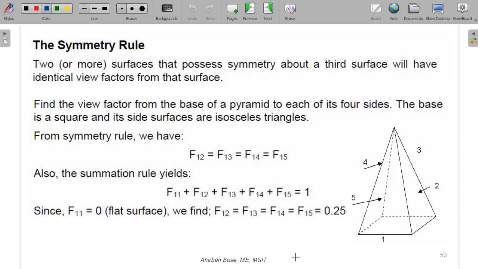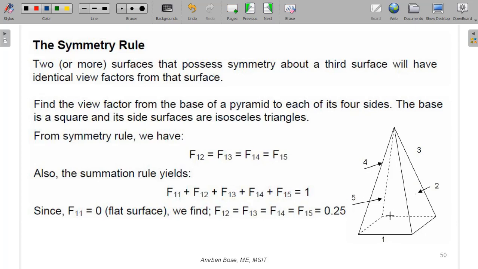Symmetrical rule, already we have seen we can make use of the symmetry rule to find out the view factors, as you can see in this pyramid where the base is a square maybe, and all four surrounding surfaces are symmetric with respect to the base.